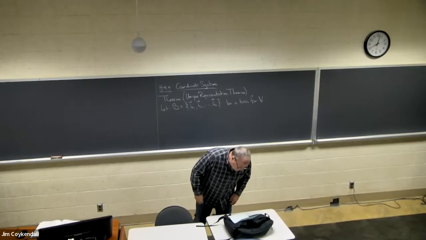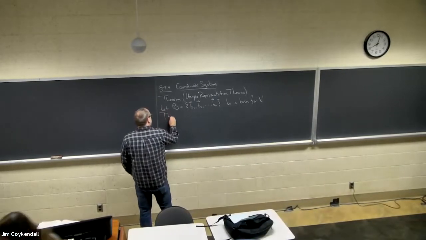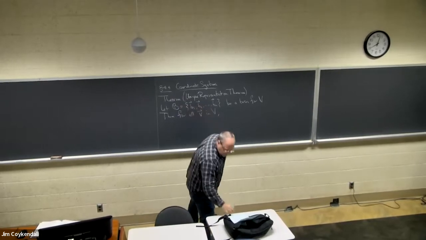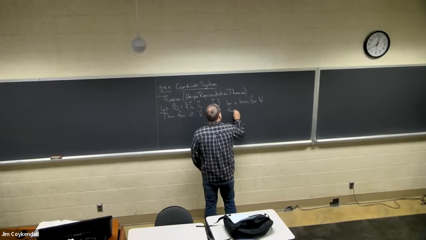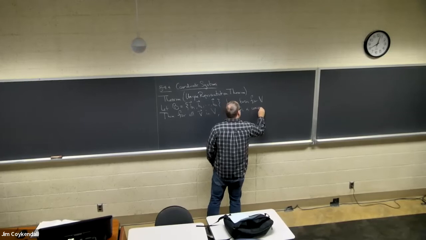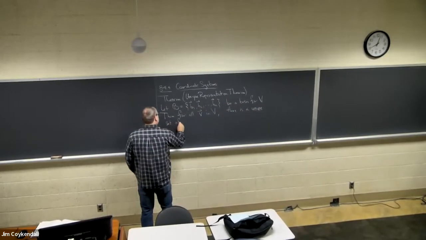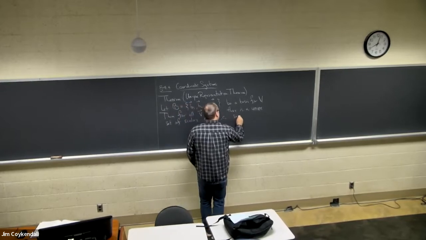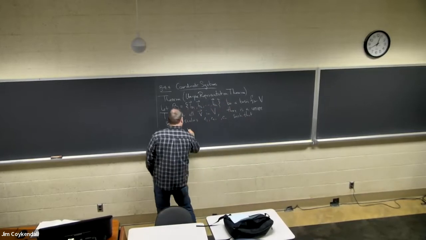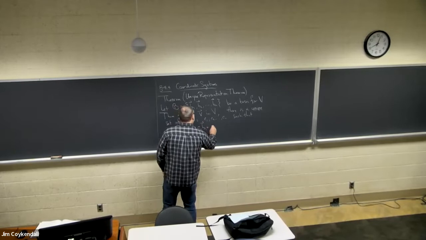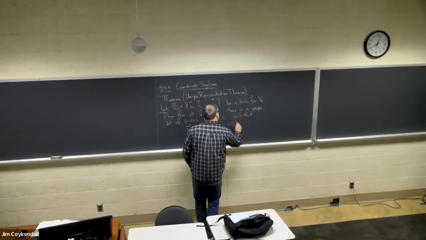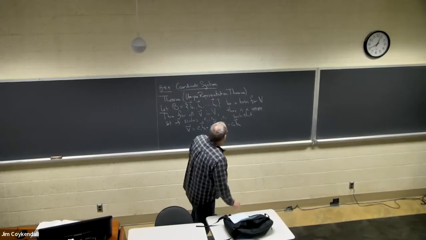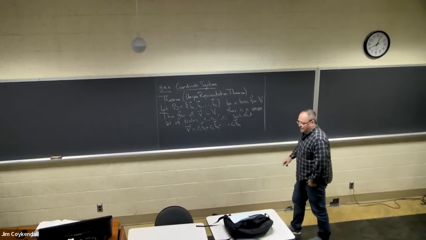So here's what this theorem says. Then for all v in V, there is a unique set of scalars c1, c2, up to cn, such that it's a linear combination of these. Let me write this here.